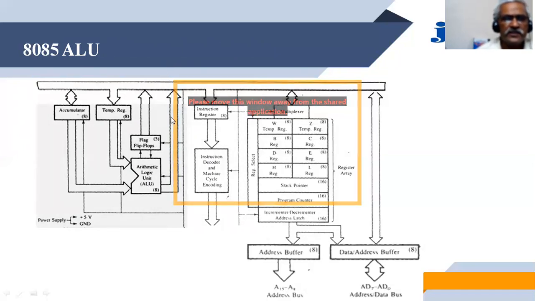If you clearly see here in the figure, there are two inputs, and these two inputs come through the accumulator and the temporary register. That means before an operation takes place, the instruction is read into the IR where it has been decoded, and now the system knows what the operation to be performed is.